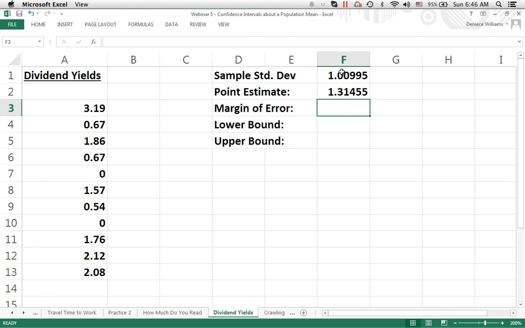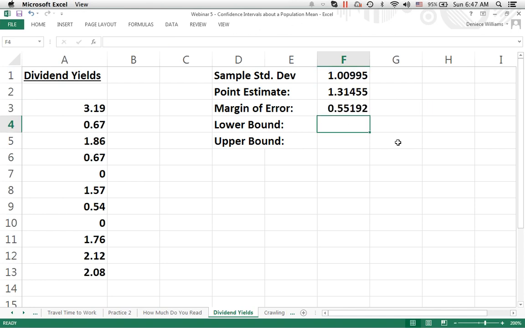And then, based on these formulas that we have used in the past, we can now come up with our margin of error by typing in confidence dot t, open parentheses, our alpha. Remember, this is a 90% confidence interval, so my alpha is 0.1, then the standard deviation, and then my size, which is 11, because there are 11 data numbers.